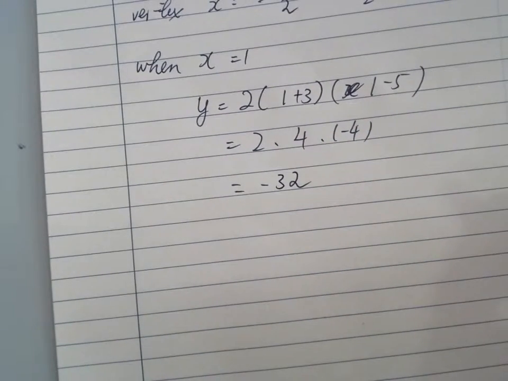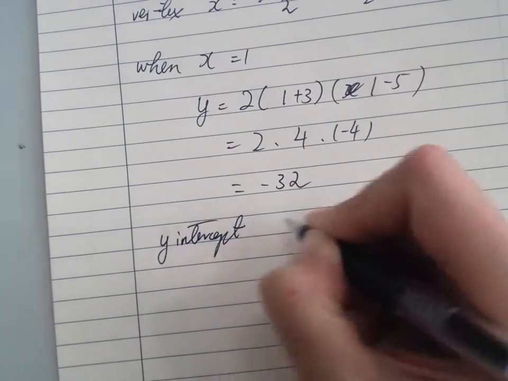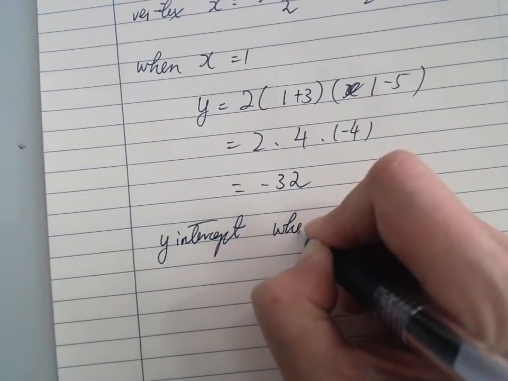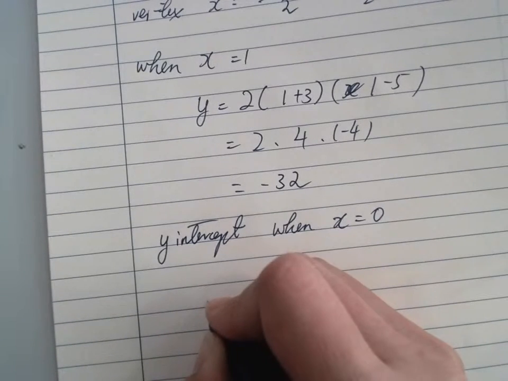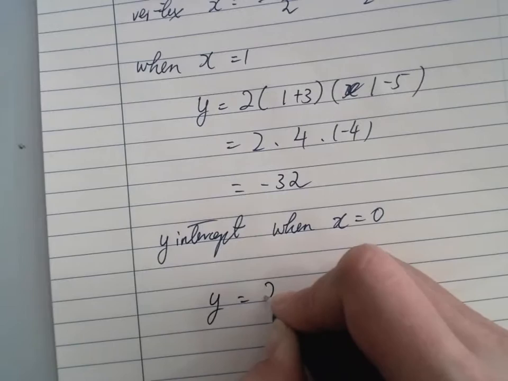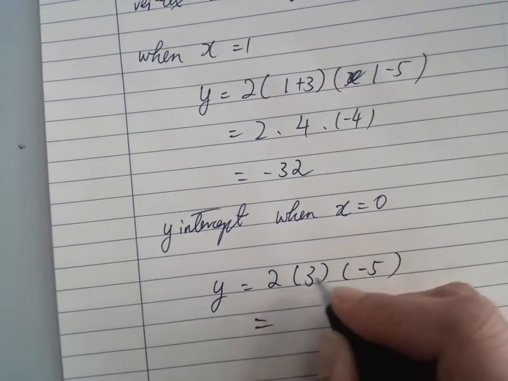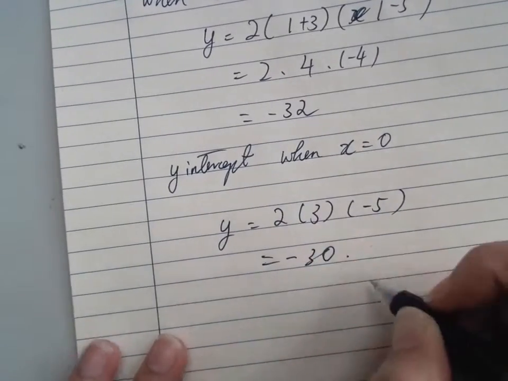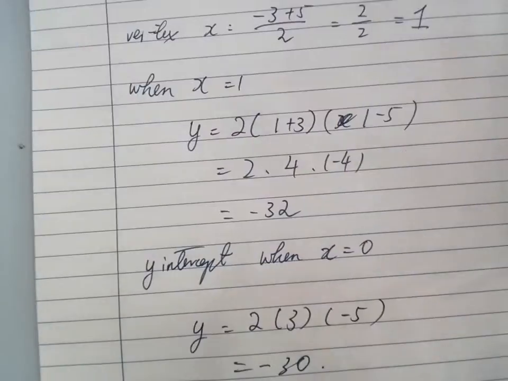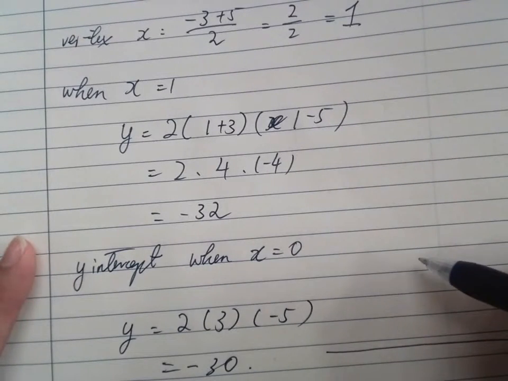And then also the y-intercept. The y-intercept will be when x equals 0. So we have 2 times 3 times negative 5 again, so we have negative 30. Not bad. Oh, we got everything. So with all that information, we can have a curve like this.